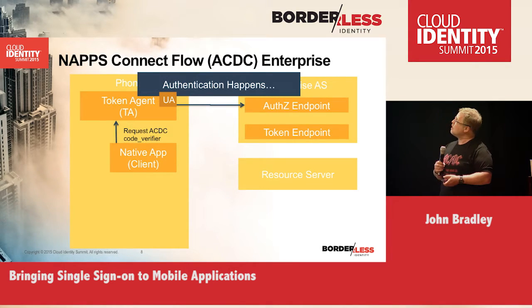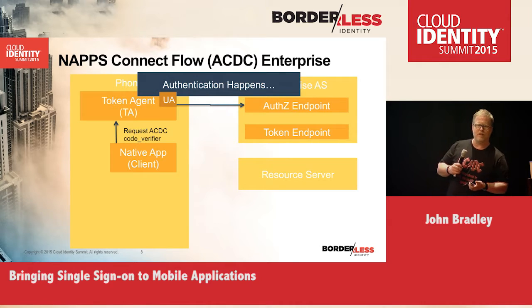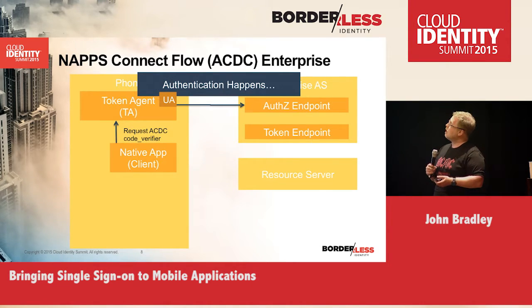So if you have a trusted token agent, which in principle, through having some sort of MDM, you can provision a credential to, perhaps a certificate, you can do TLS client auth for the device. You can do multi-factor authentication, have that token agent check to make sure that there's a screen lock, check to make sure that the device hasn't been rooted, any number of other things. So it's a good point of control.